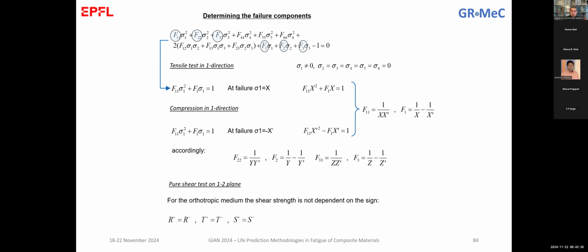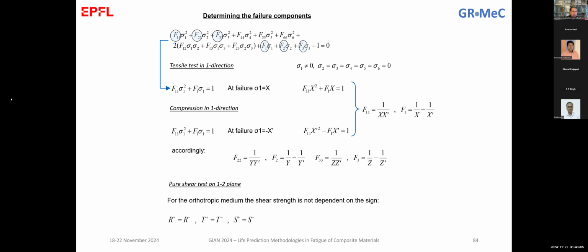As we said before, for the main terms of the equation, so F11, F22, and so on, we can do simple tests and estimate F11 as the inverse of the product of the tensile strength, X, and the compressive strength, X prime. F1 is 1 over X minus 1 over X prime.